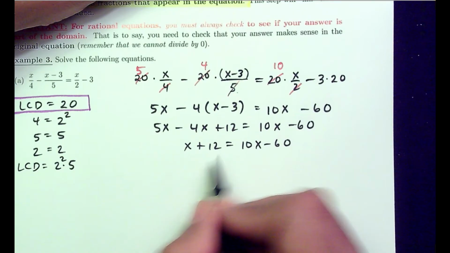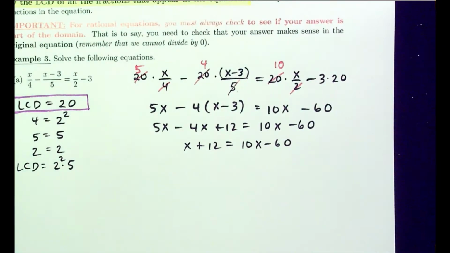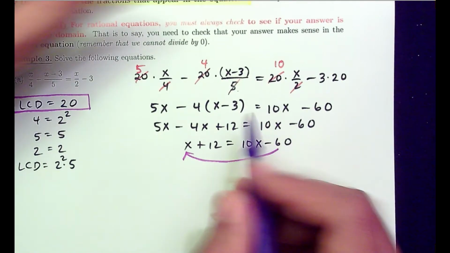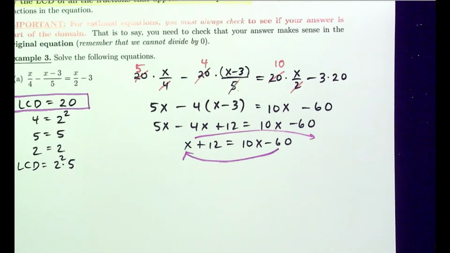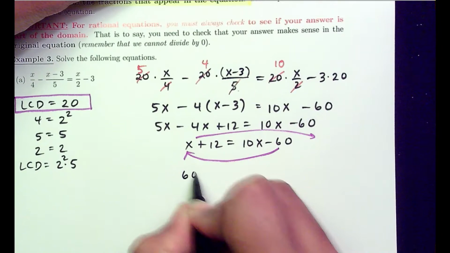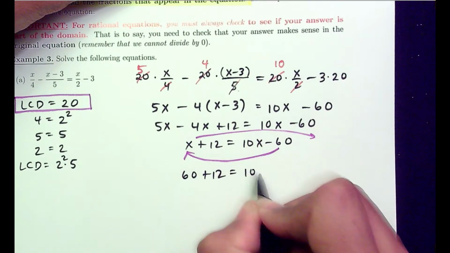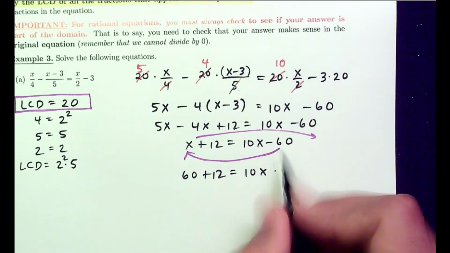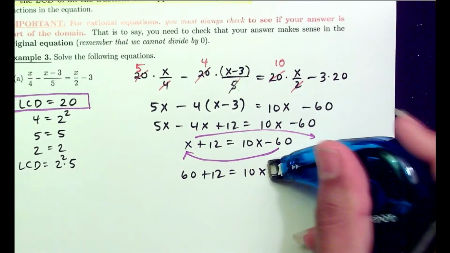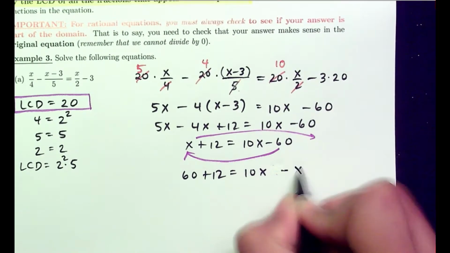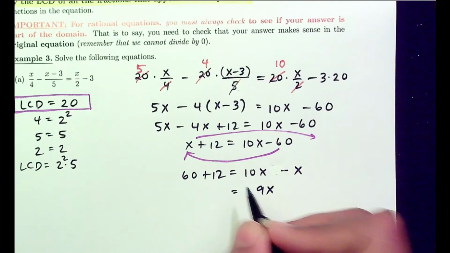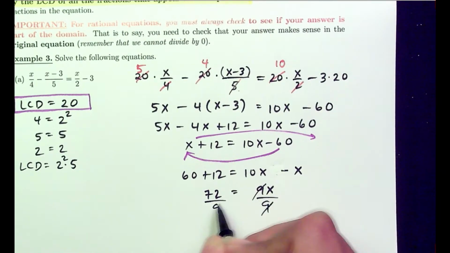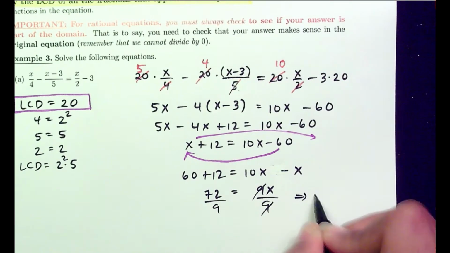Let me move the 60 over here, and I'm going to move the x over there. So what do we get? We're going to get 60 plus 12 equals 10x minus x, which is 9x. And then this is 72, and then dividing by 9, we're going to get that x equals 8.